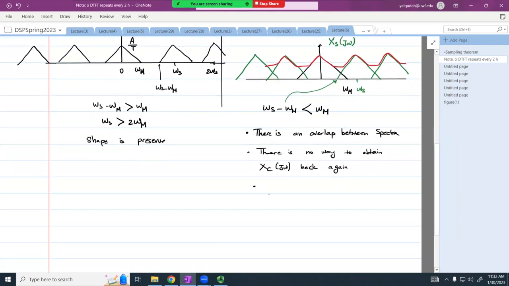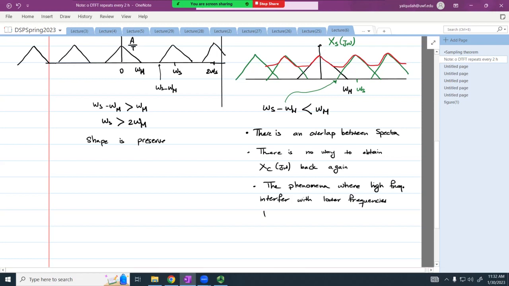And the phenomenon where high frequencies interfere with the lower frequencies due to sampling is called aliasing.